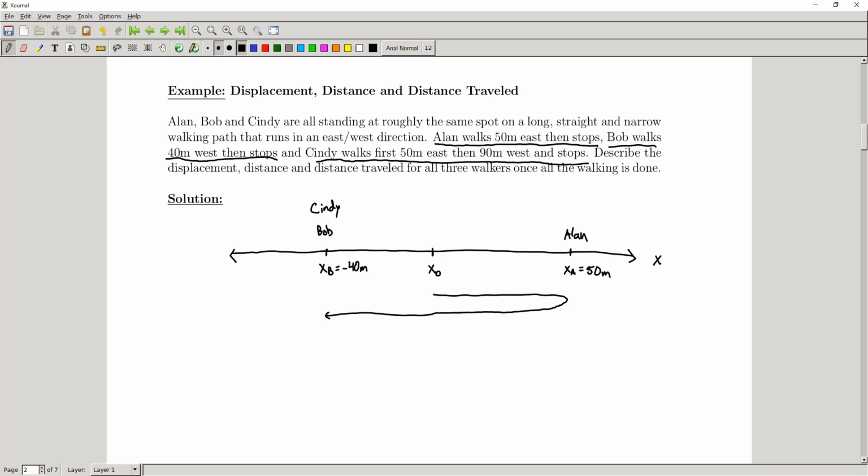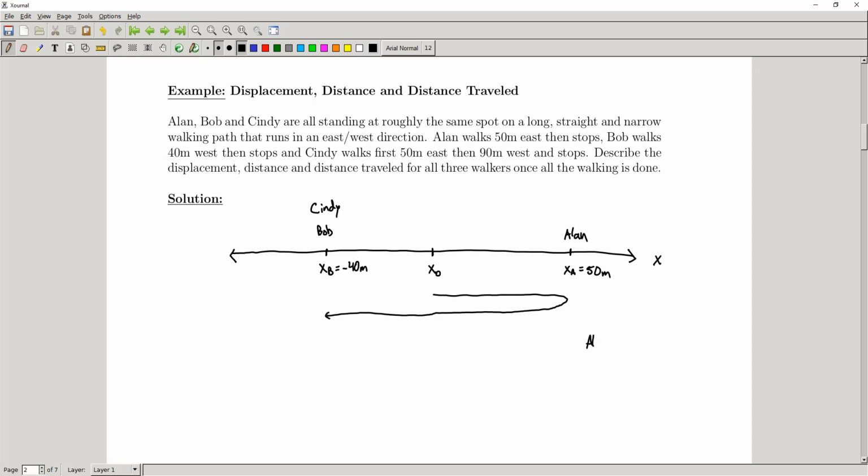Okay, so we want to describe the displacement, distance, and distance traveled for all three of these walkers once the walking is done. I'm just going to erase these lines here so that the notes are nice and clean for you guys. I think the best way to do that is to make a little table here. So let's do that.